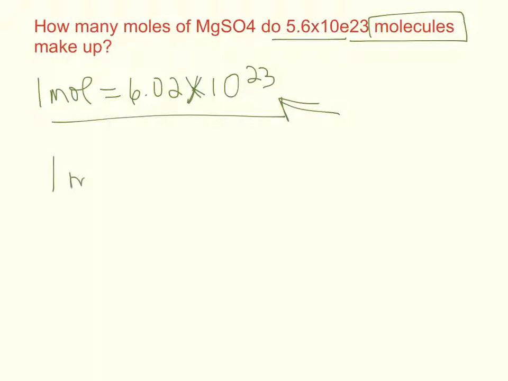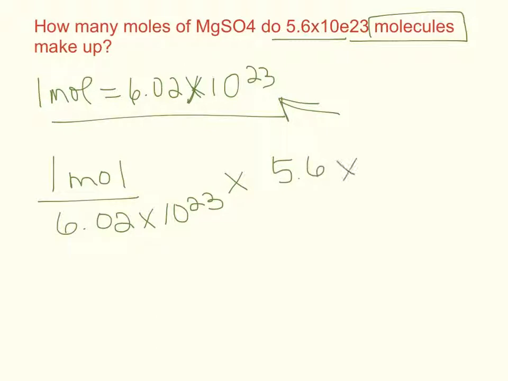So we have 1 mole over 6.02 times 10 to the 23, and we're going to multiply that by 5.6 times 10 to the 23 over our unknown.